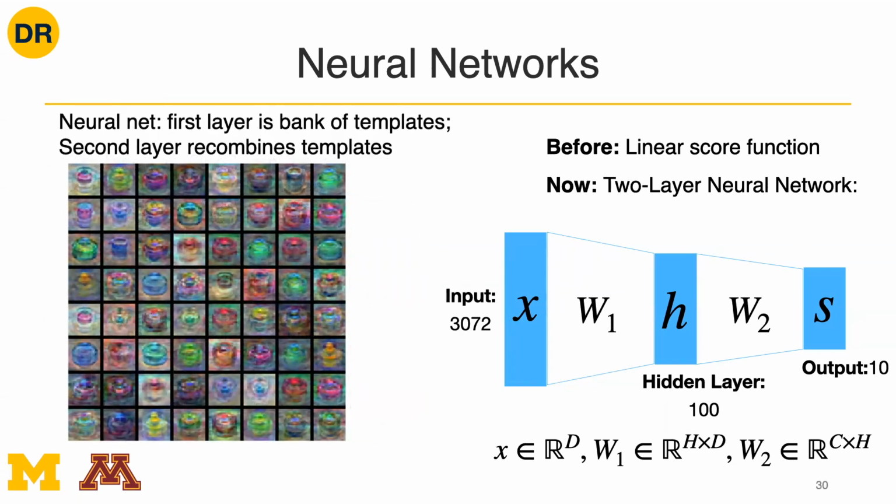This is what we collected for a two-layer neural network, especially for the prop dataset. What you can imagine is the first layer is a bank of templates, and the second layer is trying to recombine these templates to do a classification. What you're seeing on the left here is an image from W1.